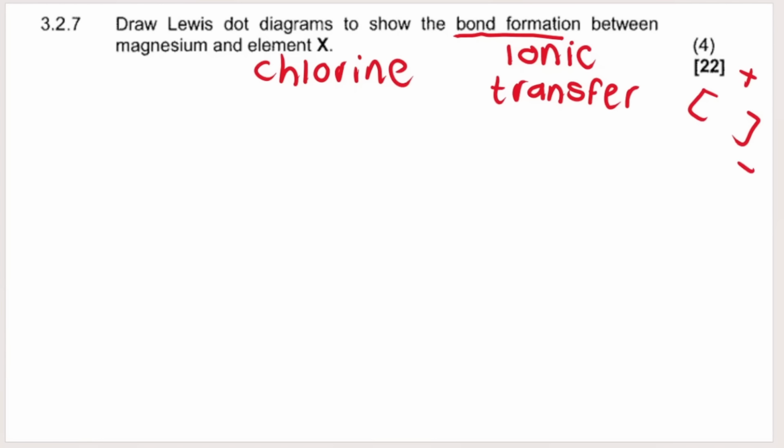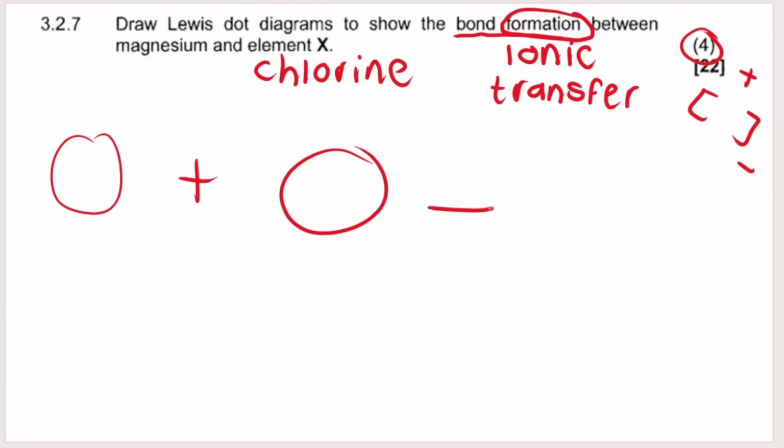If you don't know what I'm talking about, go watch my video on ionic bonds. So draw a Lewis dot diagram to show the bond formation. Now grade 10s, when they ask for the bond formation, and it's 4 marks, they want the entire process. So they want you to say this plus this gives me this. All of those Lewis dot diagrams, not just the final diagram.